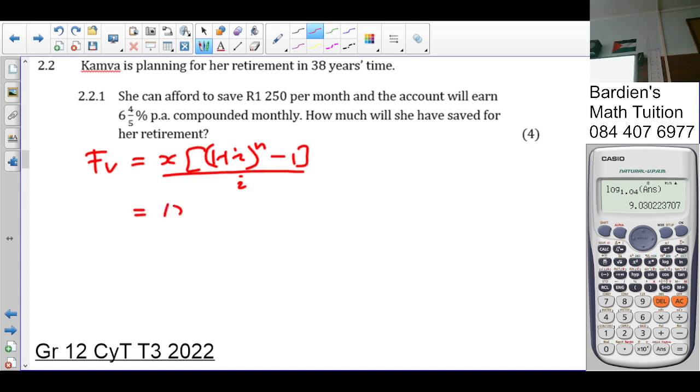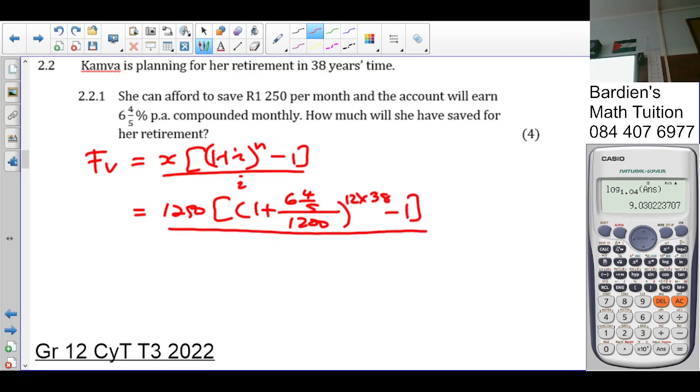So x is 1,250 Rand into 1 plus i, which is 6 and 4/5 over 1,200. Or I could have said 6 and 4/5 divided by 100 gives you an answer of, some of you worked it out, 0,068, which was correct. Okay? And the exponent, 12 times how many years is that? 38 years, minus 1 over i, which is 6 and 4/5 over 1,200.